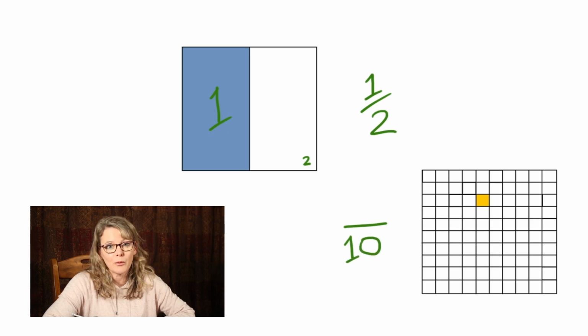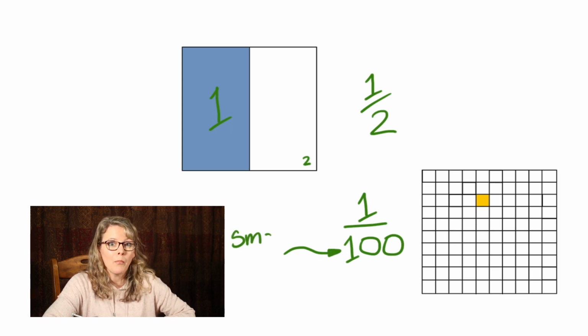I don't really want to count them right now, so trust me, there's 100 of them. So if I color in 1, I have 1/100th. So you can see from this example that if you have a bigger number on the bottom, the denominator, that means that I have smaller pieces because I chopped it into more pieces.